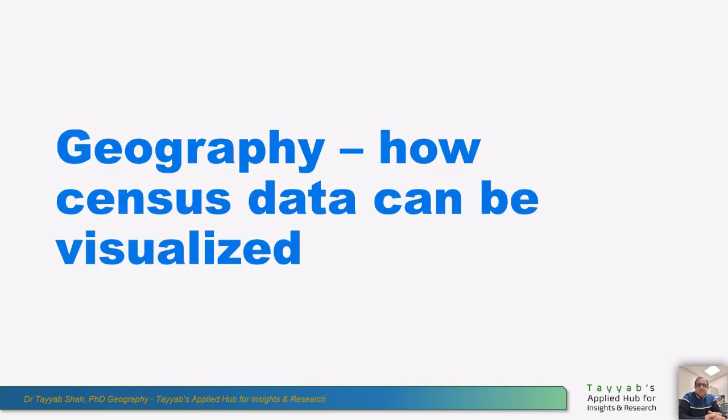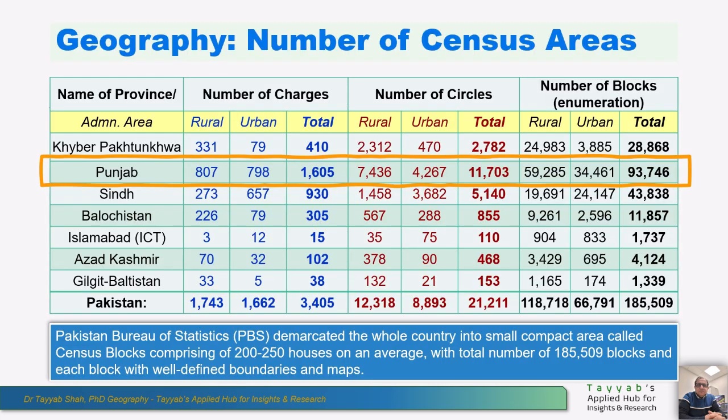Let's talk about how census data can be visualized. Before that, we need to understand the overall units being used. In Pakistan, the data is collected at the provincial level, so we have different provincial units, and then we go down to districts and tehsils.